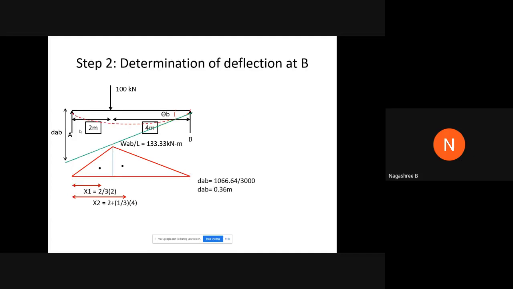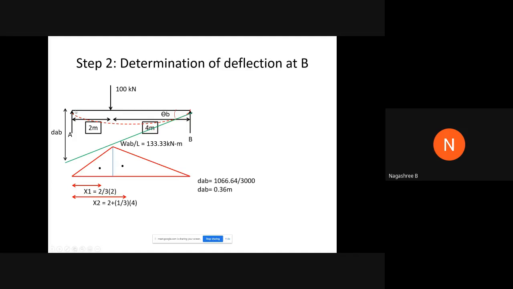So next, coming on to determination of deflection. In the determination of deflection, we are supposed to draw a slope over here. Here you can observe the red dotted lines, which represent the deflected position of the beam.